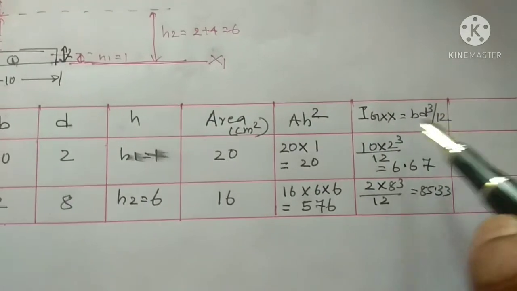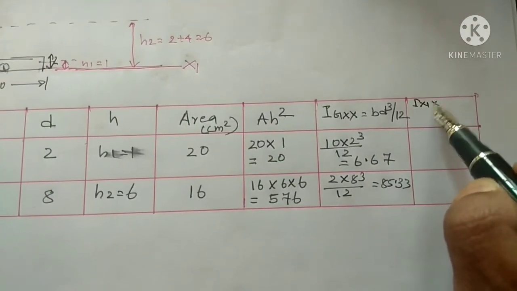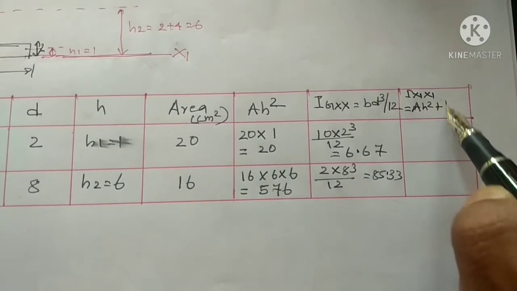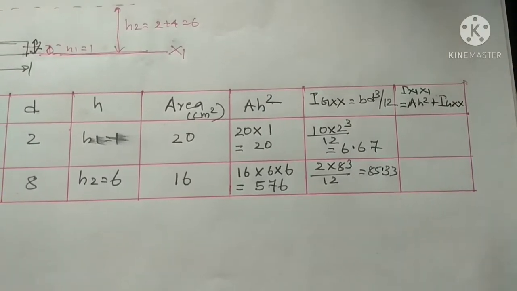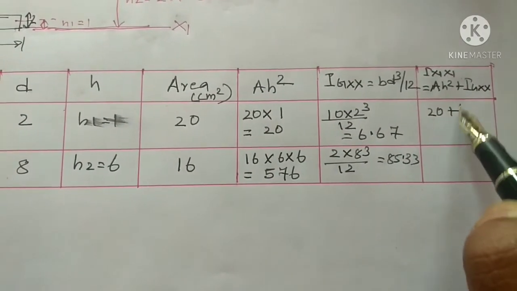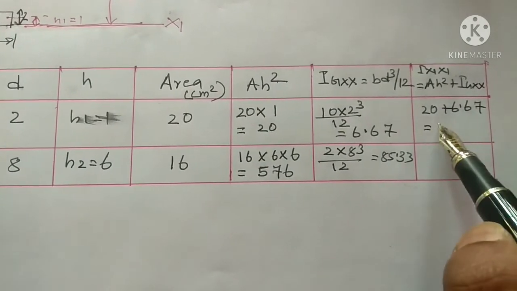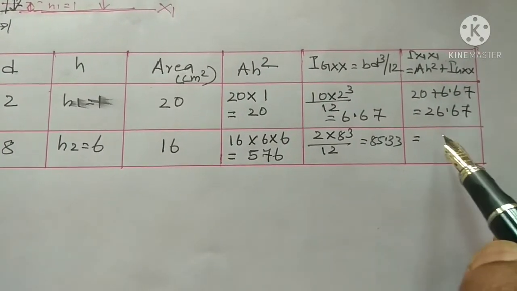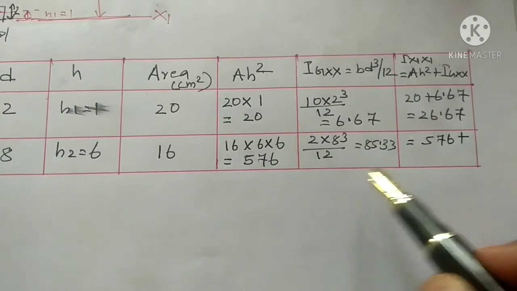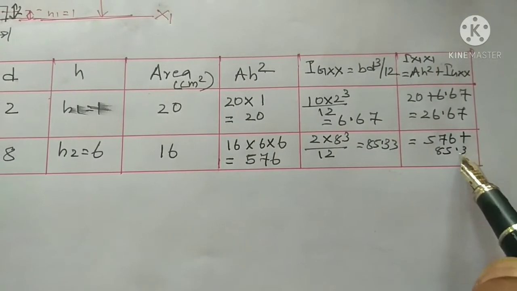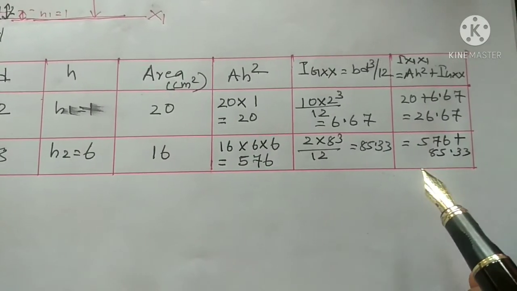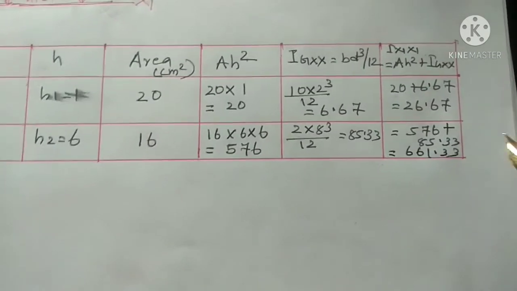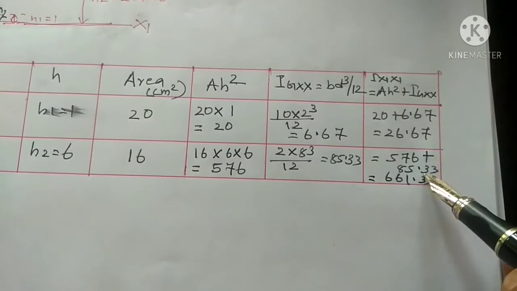And in the last column, that is IX1X1, which is equal to AH square plus IGXX. That is 20 plus 6.67, that is 26.67. And for this one, you can write 576 plus 85.33, which is equal to 661.33. So you got IX1X1 for the individual components.